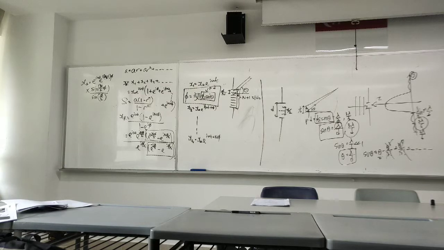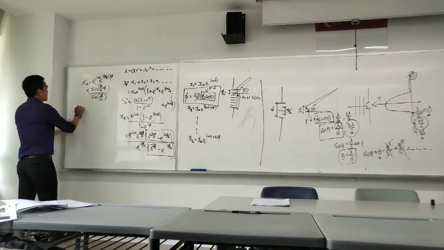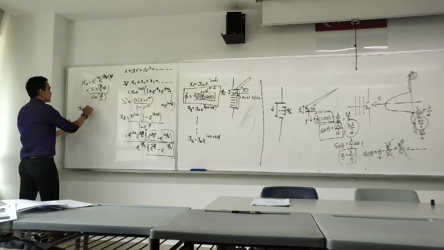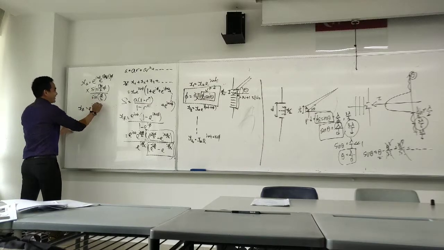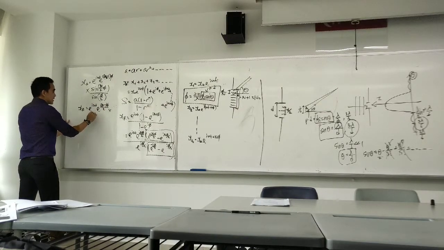Like this: e to the power i phi plus e to the power minus i phi with a sine. So x_R will be equal to this, multiplied by sine n upon 2. Now you plug in the phi.